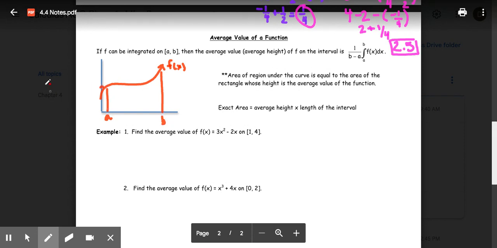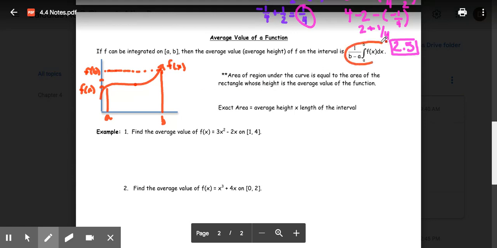So this right here would be f of a. And this height over here would be f of b. The average height is somewhere in between, okay? So the average height, somewhere in here, we would say. All right, and that's what you're finding with the average value formula.